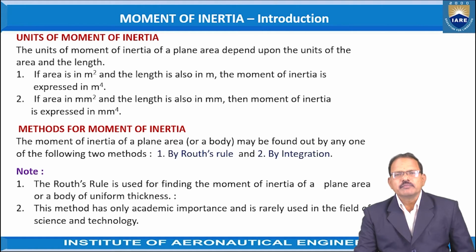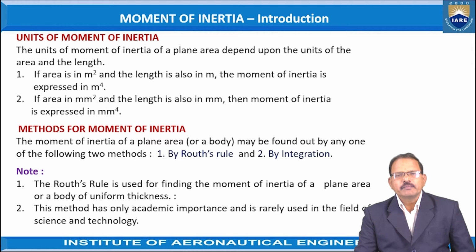Similarly, when the area is represented in mm square and the distance between the center of gravity of that elementary area and the axis is also in mm, then the moment of inertia is represented in mm to the power of 4.